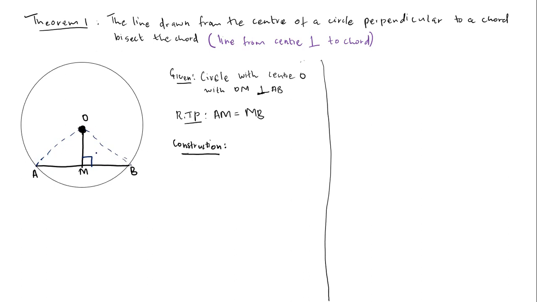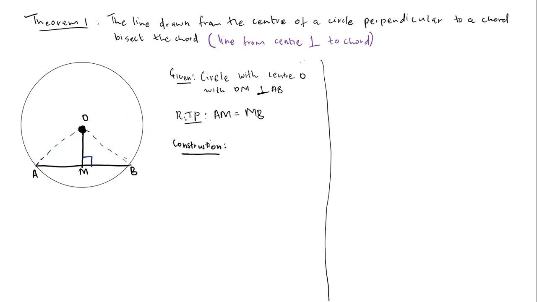Now check, this is what is happening. After joining these lines, we managed to form the triangles. We have 3 triangles. We have triangle ABO, we have triangle AMO, we have triangle BMO. 3 triangles after constructing in our circle.